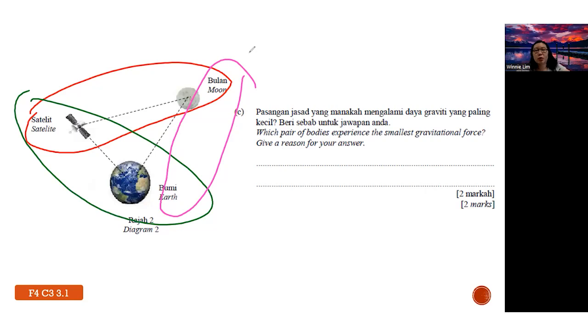So you see, you go back to the basic equation, which is F equals to G M over R squared. Among these three bodies, which two objects have the smallest mass? If you look at the equation just now, you also know the mass of the Earth, and also the satellite and the moon.